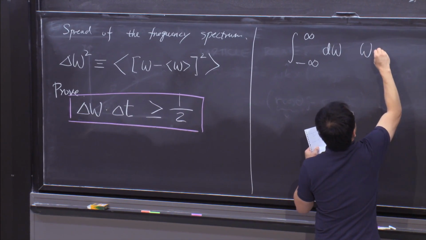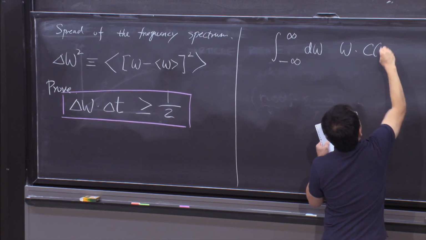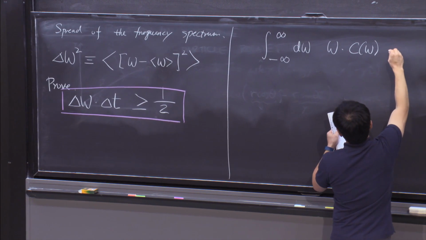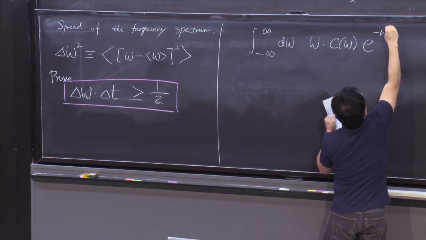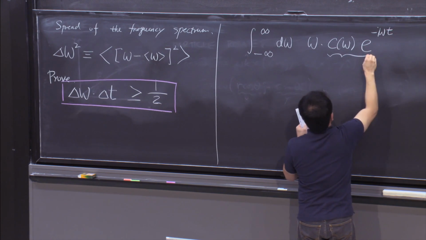And I have omega times c of omega, and the exponential of minus i omega t.